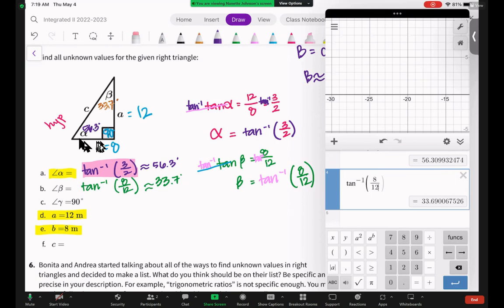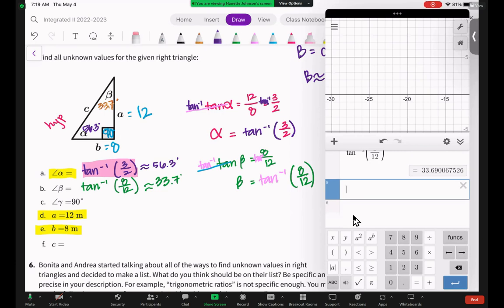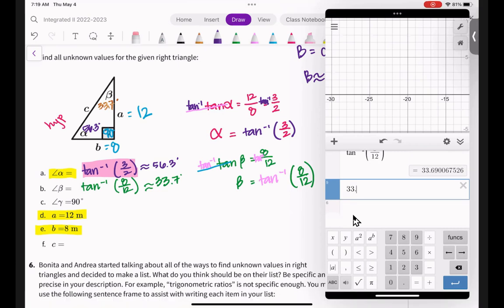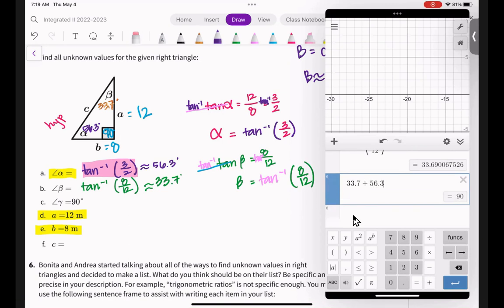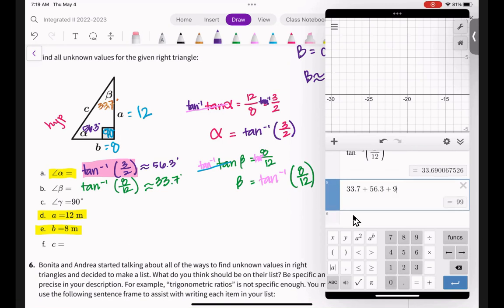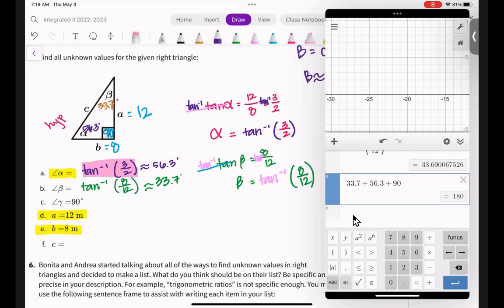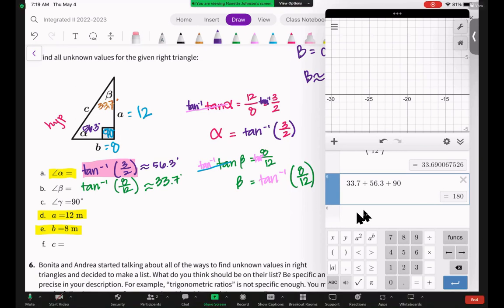If you add all those up, they should equal 180. So let's see: 33.7 plus 56.3 plus 90. Yay, it's 180. And now I'm really happy because I just checked my answer.